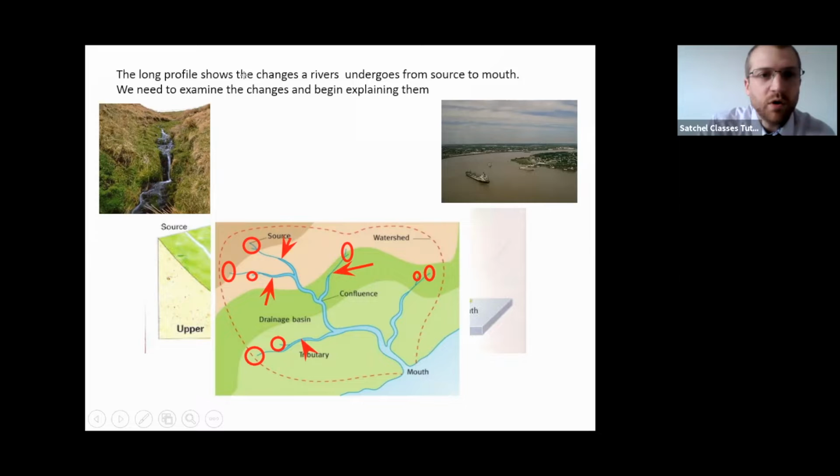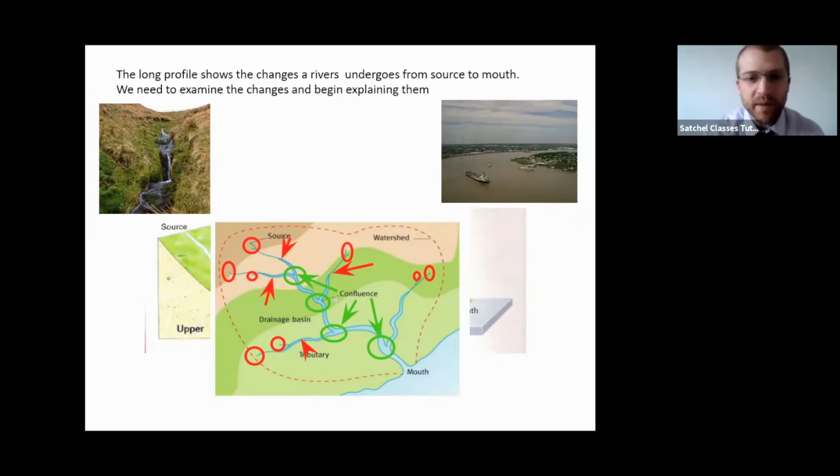Now, as we go along, what we start to see is there's several points where the rivers meet or join. There, there, there, and there. And all of these points are known as confluences. And confluences are where the volume of water is increasing, because two streams merge and they combine their water loads together.